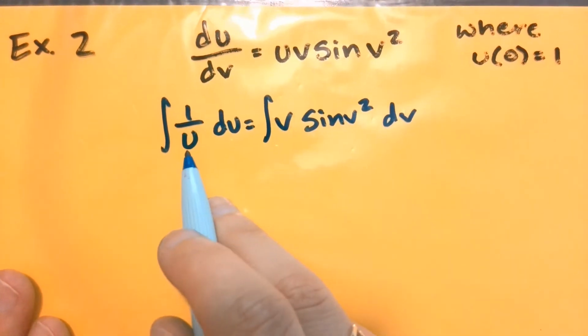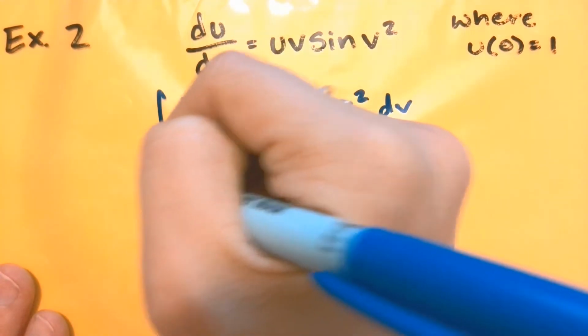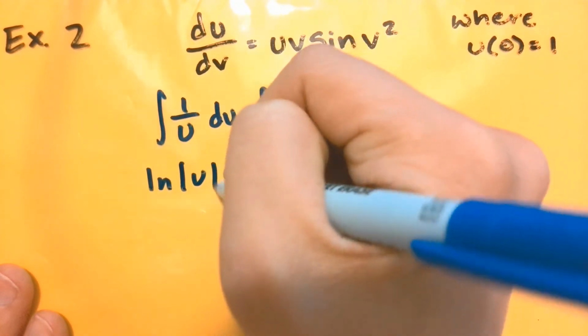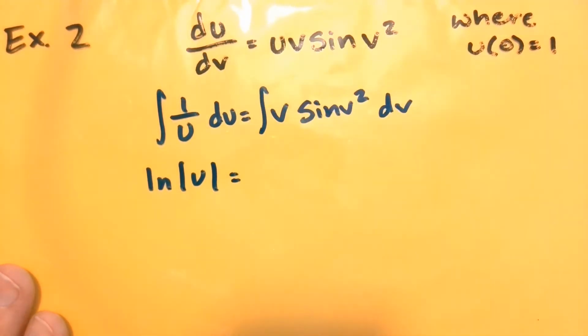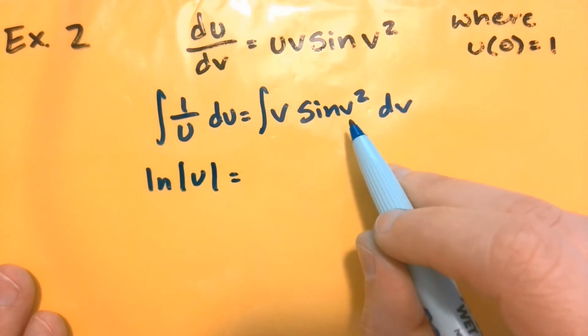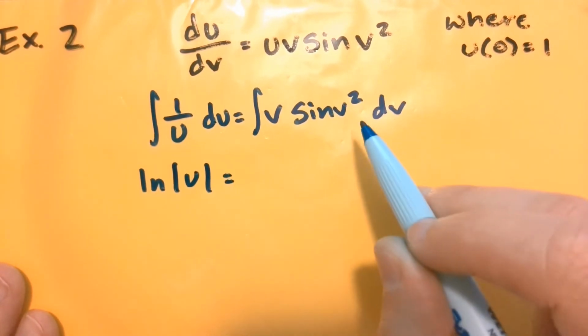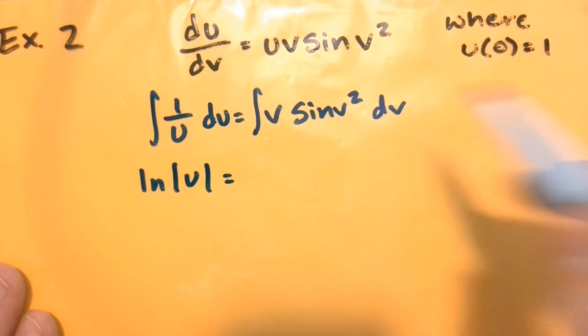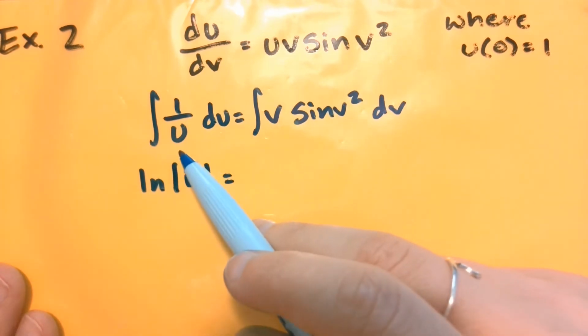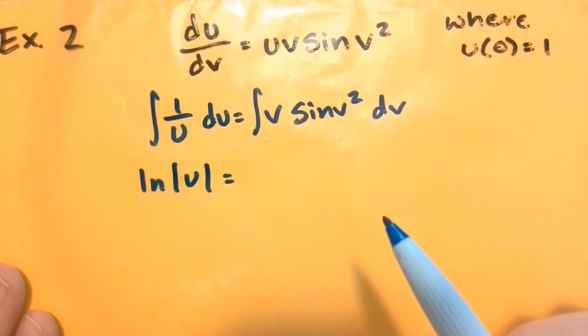The left side I have no trouble integrating, so I'll have natural log of the absolute value of u. But on the right side I do need some u substitution. So my piece of this that is stuck somewhere is this v squared. And I already have u's involved in this, so I don't know that I want to actually use another u.